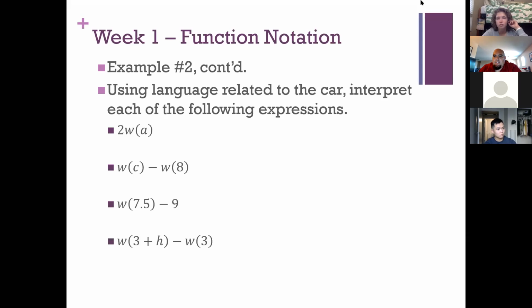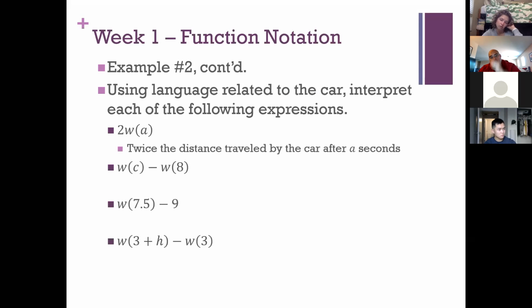So please be as specific as you can. And Rand, thank you. Yes, seconds and feet were the units of my measurements. Anthony says twice some distance traveled after A seconds. And I think that's a good way to look at it. So twice the distance traveled by the car after A seconds.